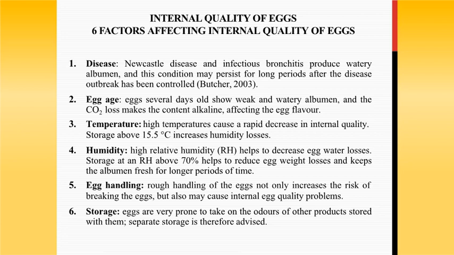Egg handling. Rough handling of the eggs not only increases the risk of breaking the eggs, but also may cause internal egg quality problems. Storage. Eggs are very prone to take on the odors of other products stored with them. Separate storage is therefore advised.